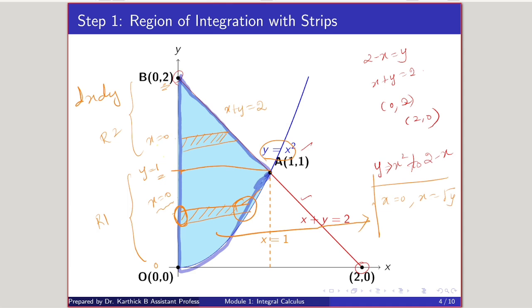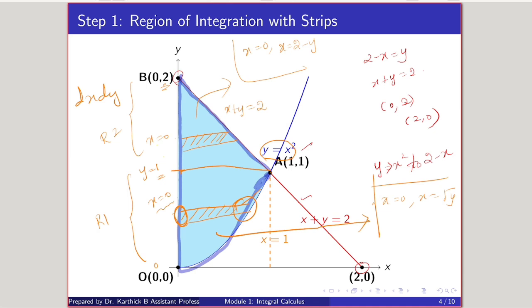If you go for this region, you will get the limit x equal to 0 and x equal to 2 minus y.